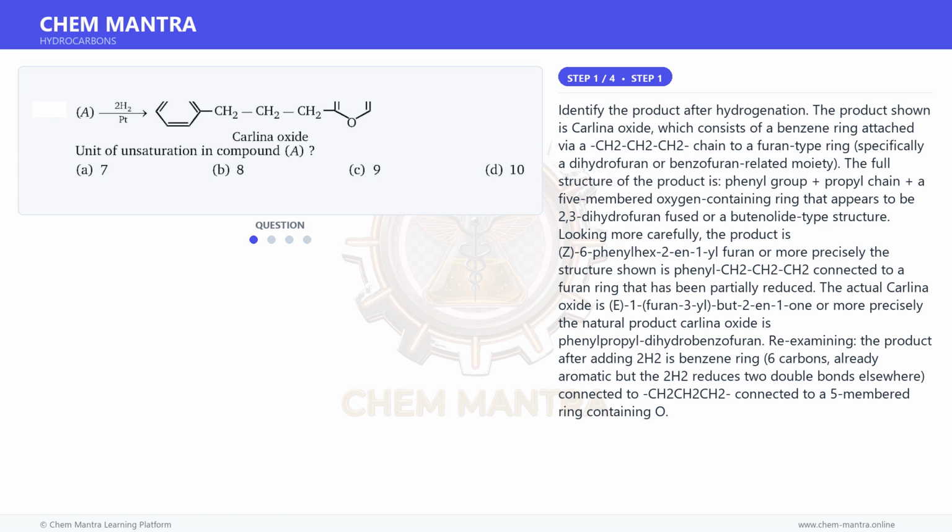Re-examining, the product after adding 2 H2 has a benzene ring, 6 carbons, already aromatic, but the 2 H2 reduces double bonds elsewhere, connected to CH2CH2CH2 connected to a 5-membered ring containing O.